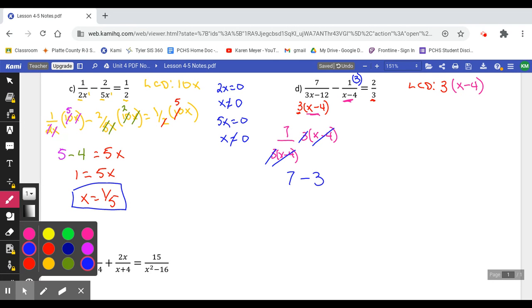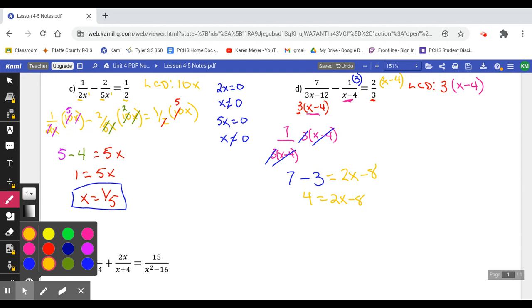My last fraction here, it has the outside 3, check. It does not have the x minus 4. So then I'm going to take the 2 times x minus 4. So distribute that, and I get 2x minus 8. 7 minus 3 is 4.